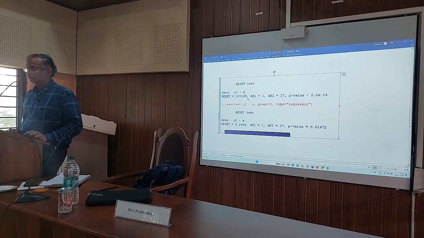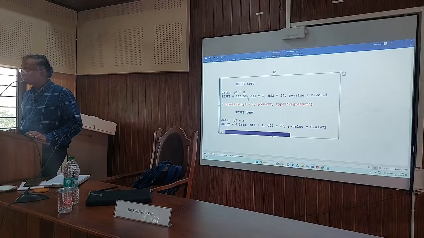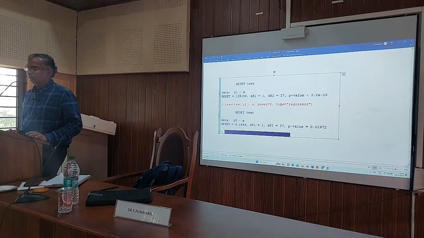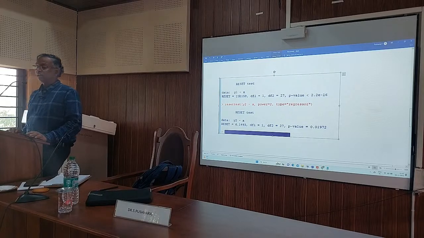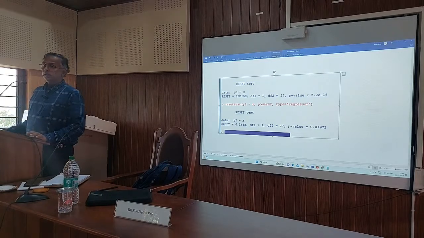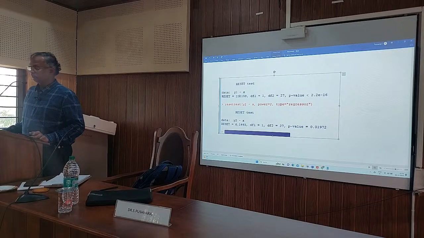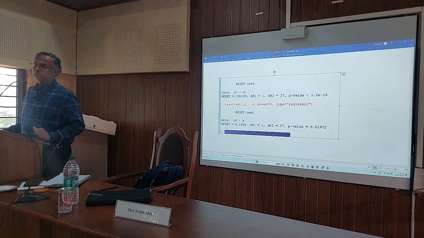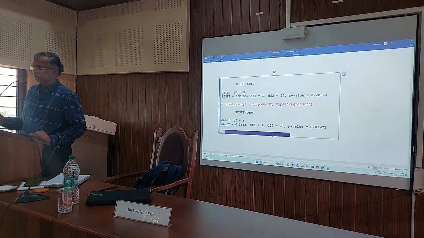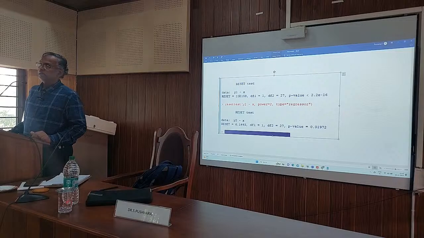It should not be significant, right? Power 2, the reset value is very high. So the model is significantly different from the original model, and so now you have a specification problem, right? Actually, this reset test clearly says it is highly significant.